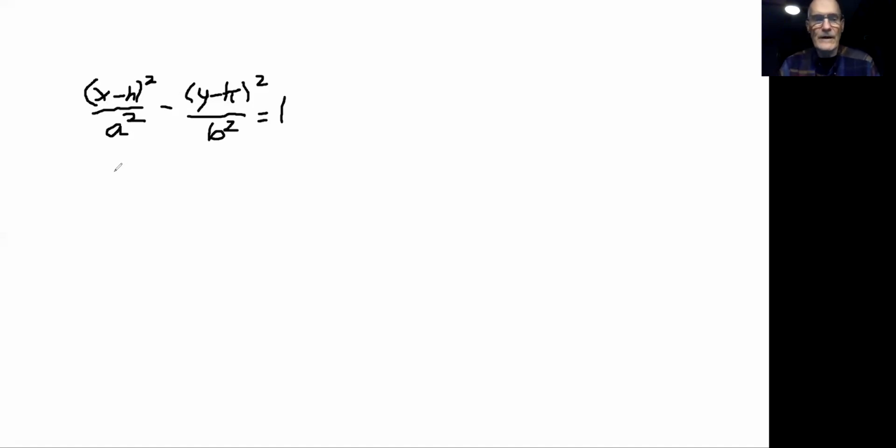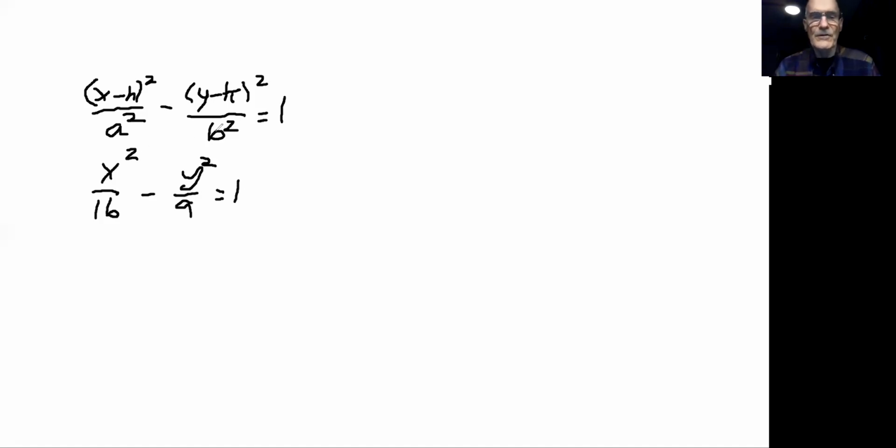For instance, a fairly simple example: let's say we have x squared over 16 minus y squared over 9 equals 1. That's the standard form of the equation of a hyperbola.